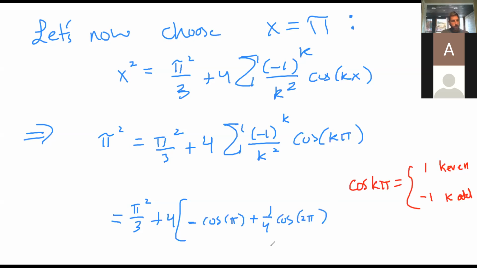When k is 3, you get minus 1/9 cosine of 3 pi. When k is 4, you get plus 1/16 cosine of 4 pi. And of course, this is going to alternate.